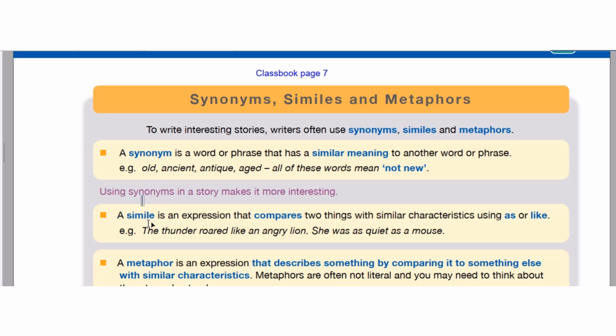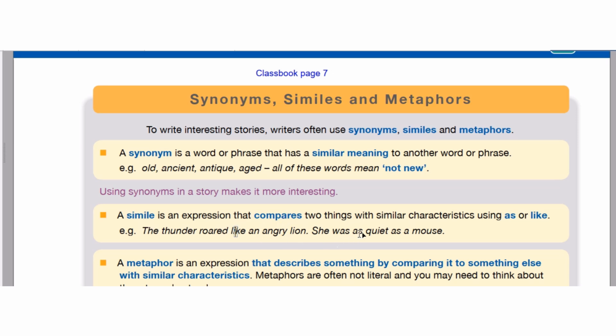Okay, simile. What's meant by a simile? A simile is an expression that compares two things with similar characteristics using as or like. For example, the thunder roared like an angry lion. Like here gives a comparison, so this is a simile.